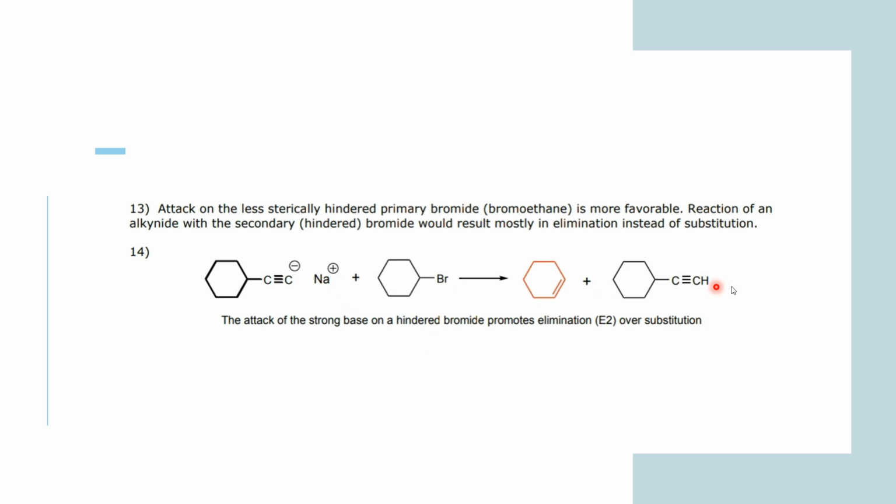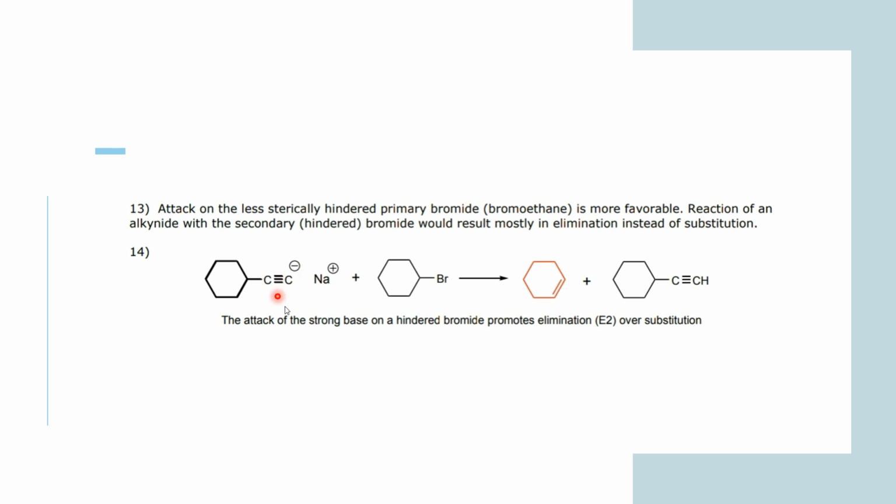Yes, of course, you will get a percentage of SN2 substitution product as well. But following the rule, if you have primary versus secondary alkyl halide, the secondary will readily undergo the elimination pathway in the presence of a strong base over substitution. So the major product formed in this reaction will be this cyclohexene.